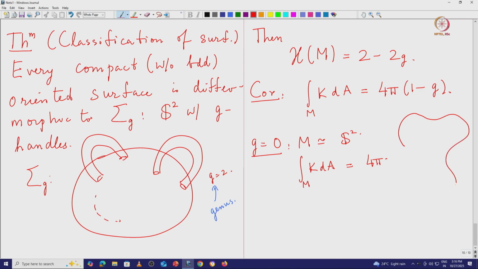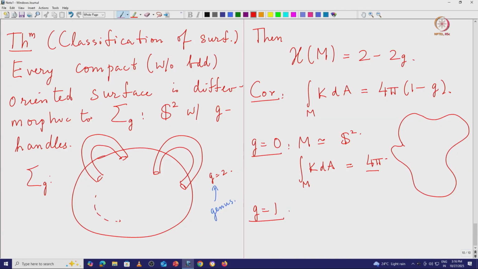So when you multiply them together you get 4 pi, but this theorem says something much deeper, that even if you deform your sphere, which you can think of as the sheet of a balloon, even if you deform your sphere without of course introducing cuts etc., the curvature distributes itself so beautifully that the total curvature still remains 4 pi, okay.